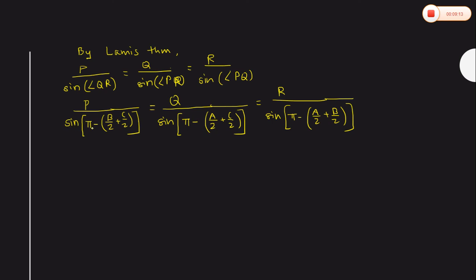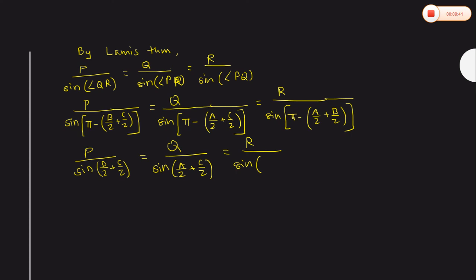It keeps sine as it is. Therefore we write P divided by sine of B by 2 plus C by 2 is equal to Q upon sine of A by 2 plus C by 2 is equal to R upon sine of A by 2 plus B by 2.